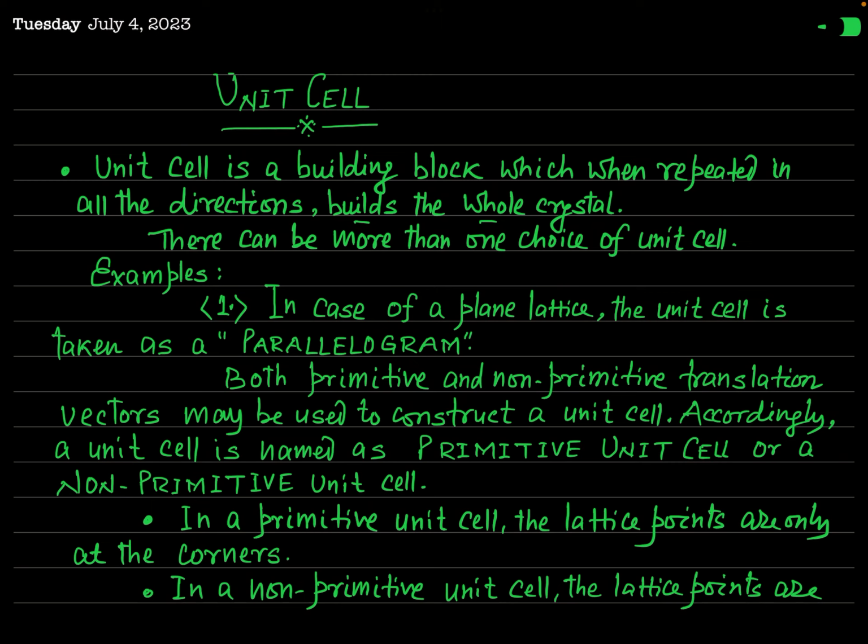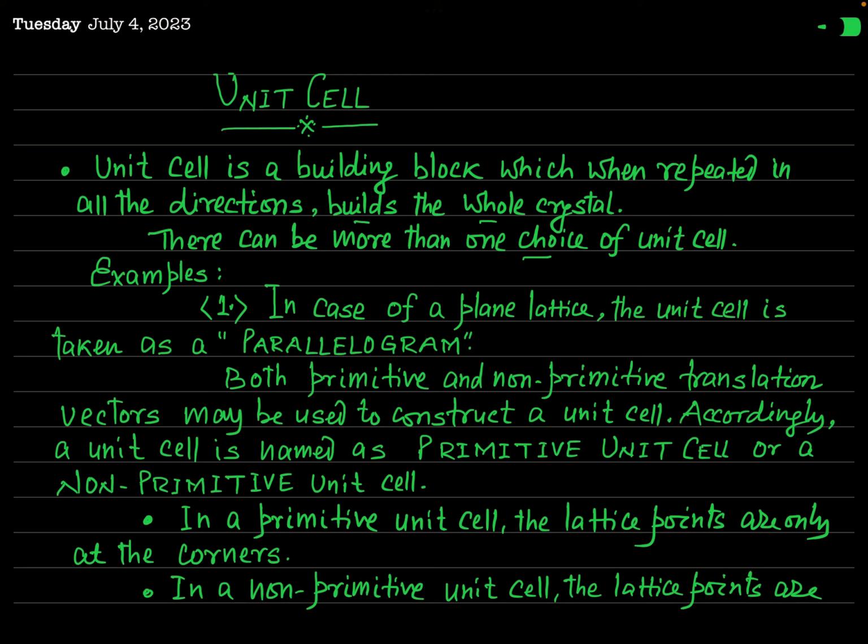Now, what should be the shape and size of this unit cell? The shape and size of the unit cell is arbitrary, but we always think about convenience. What will be the convenient way of selecting a unit cell? So you can say that there can be more than one choice of selecting a unit cell.